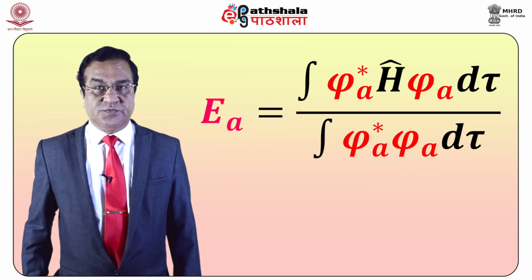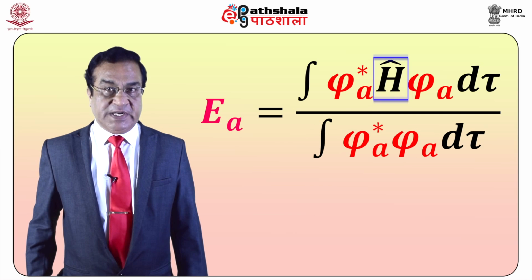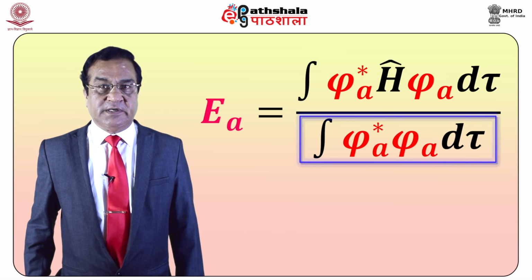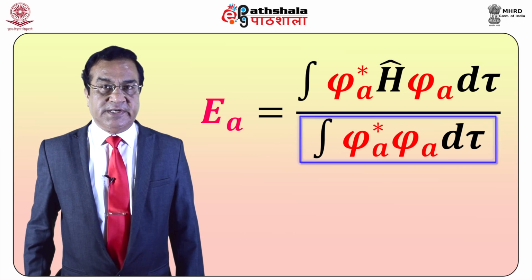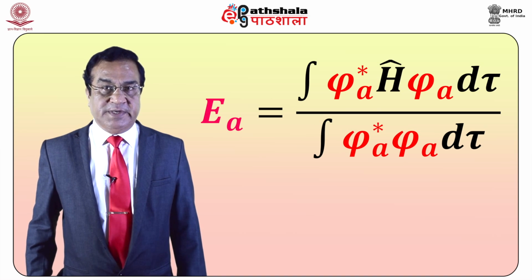Once we have this atomic orbital, then using the variation method, one can calculate the corresponding approximate energy. The approximate energy is given by E_A equal to the integral of phi_A star H cap phi_A d tau, divided by the integral of phi_A star phi_A d tau. So this is the expression for the approximate energy.